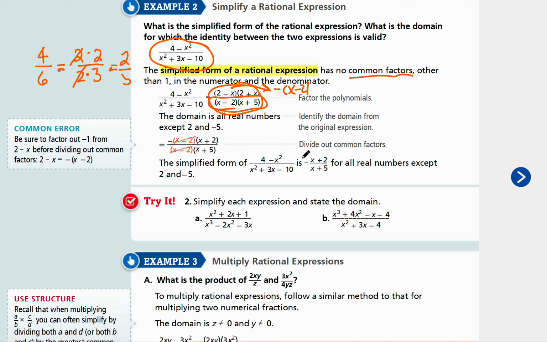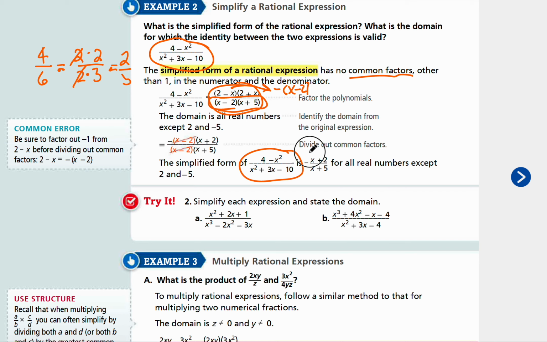The simplified expression does not show you the restriction for the canceled factor. x equals 2 would not be restricted if you just look at the simplified expression, but remember that your original expression had a restriction there. So you have to make sure the simplified expression only works for all real numbers except 2 and negative 5, which were already the restricted domain in the original rational expression.